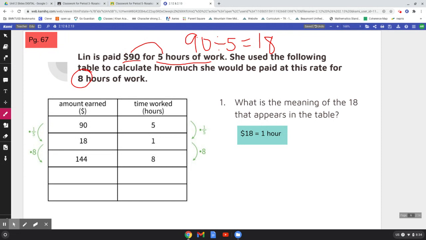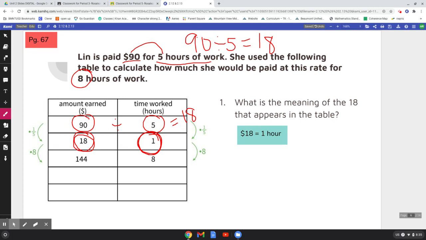Notice the 90 and 5 are in the table, and I divided those and got 18. That 18 is the amount she earned in 1 hour. And remember, I keep telling you, find what happens for 1.